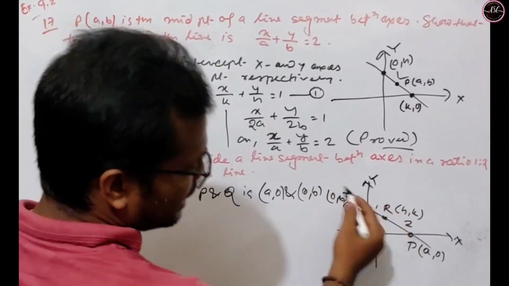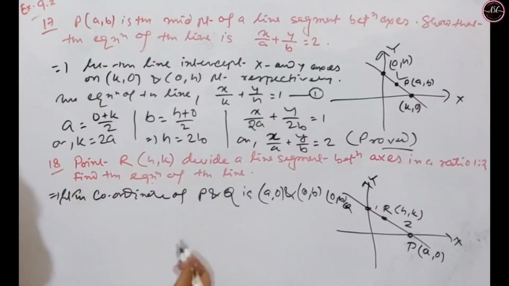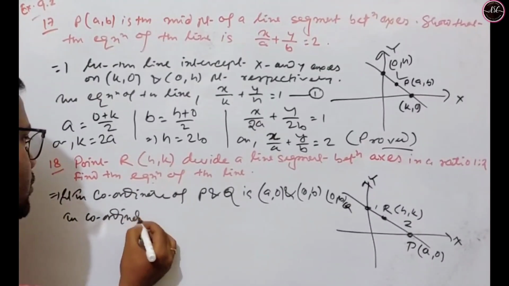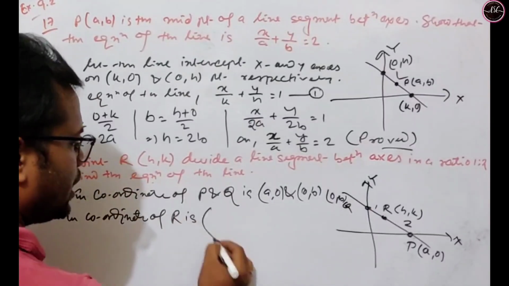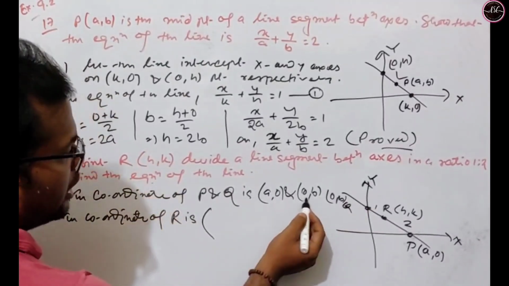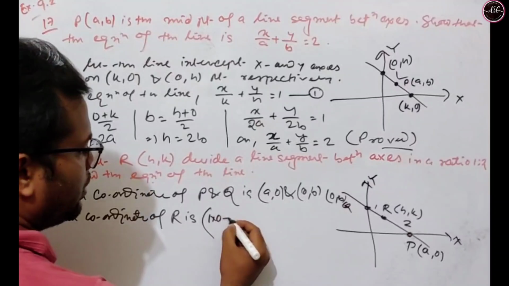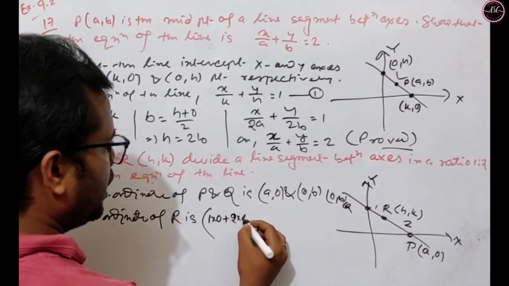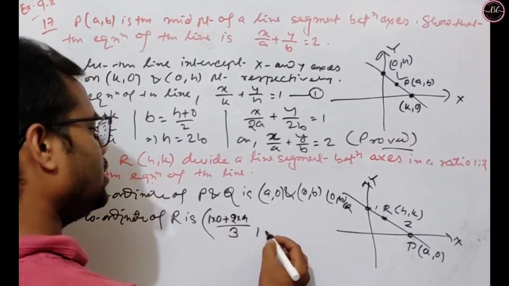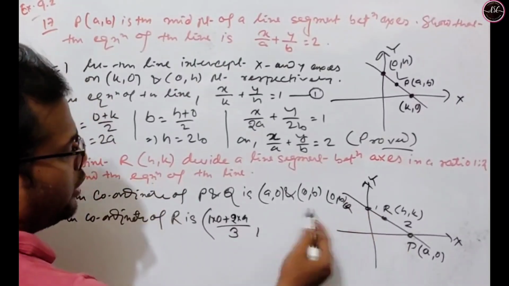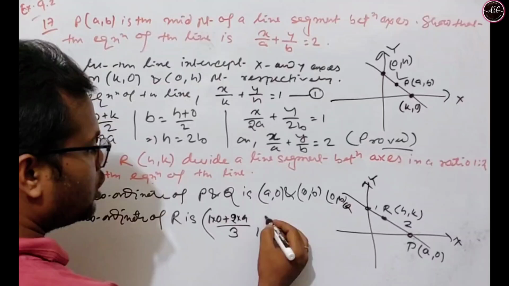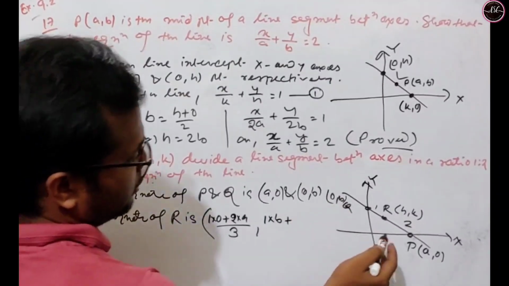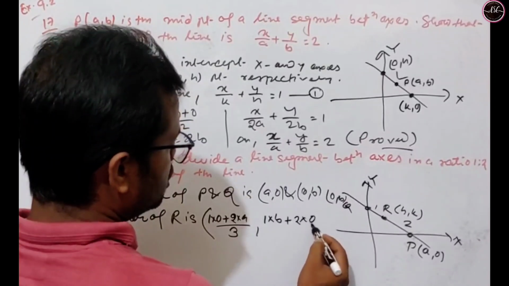As R divides this line segment, the coordinates of R are: m equal to 1, n equal to 2, so x equals m x2 plus n x1, that means 1 into 0 plus 2 into a, divided by 2 plus 1, that means 3, and y equals m y2 plus n y1, that means 1 into b plus 2 into 0, divided by 3.